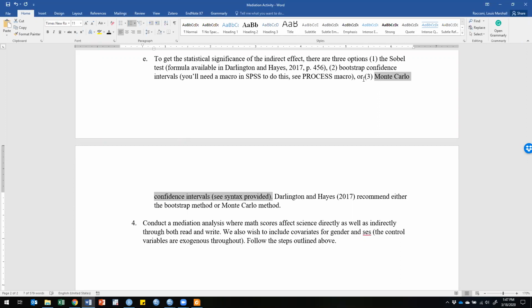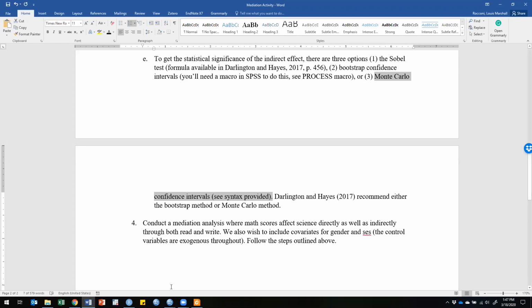Basically, we're sampling from a normal distribution with the mean set to the coefficient estimate, and then the variance of the distribution is set to the standard error of that coefficient.